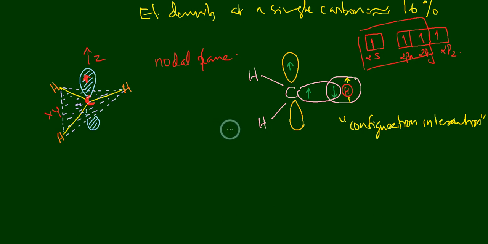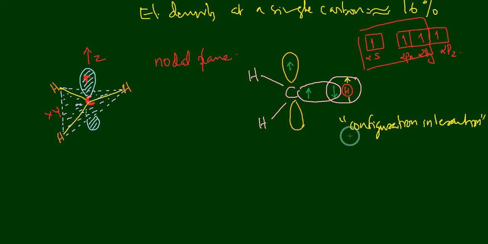But if you incorporate this configuration interaction in the molecular orbital theory, then you will get decent results. The molecular orbital theory incorporated with the idea of configuration interaction gives almost accurate results for the hyperfine structure of the ESR spectrum.